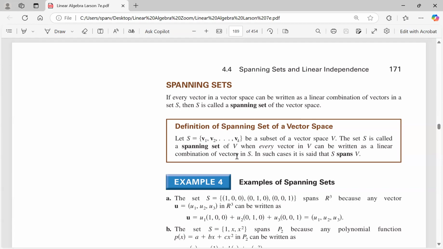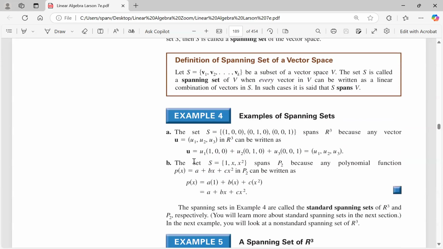Now, if every vector in V could be written as a linear combination of these, then we say that set S spans V. So that was the definition of a span of S. Again, if the linear combinations of the subset that you choose from the vector space cover every vector in V, then we say the set spans V.